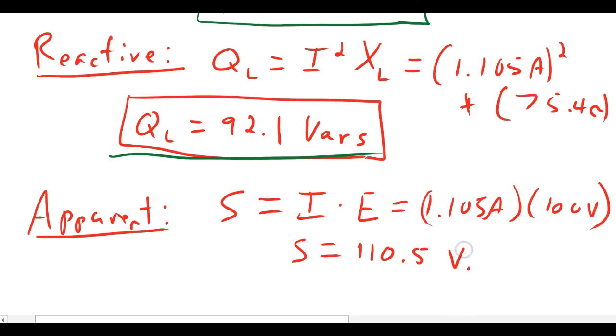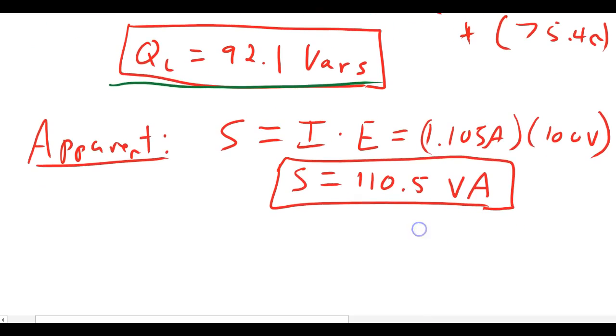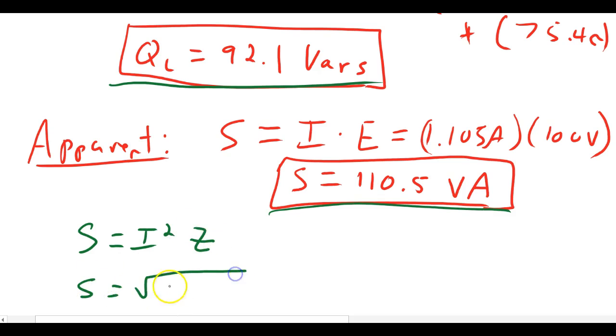The unit for apparent power, volt amps. Now, consider the fact that we should also be able to say S equals I squared times Z. S is equal to the square root of P squared plus QL squared. And we should be able to confirm approximately 110 volt amps with either of those calculations as well.